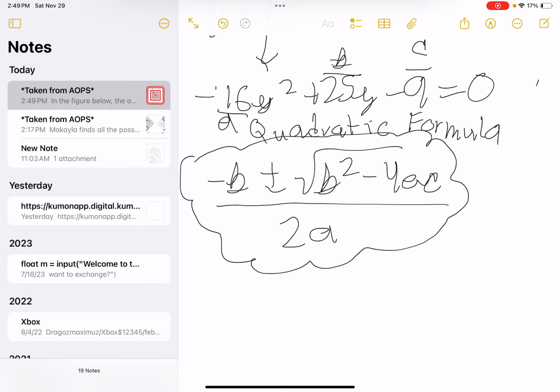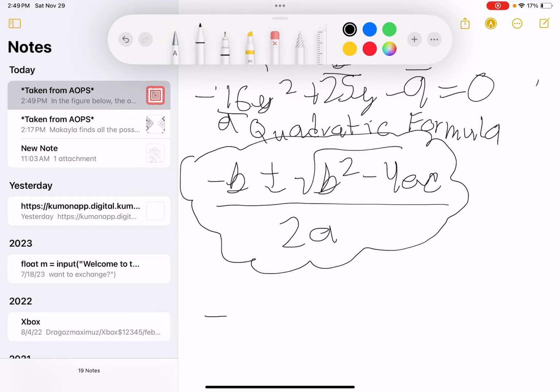So now once we plug it in, we get negative 25 plus or minus the square root of 625 minus 4ac. So a times c is 16 times 9, or 144, and 144 times 4 is equal to 576.